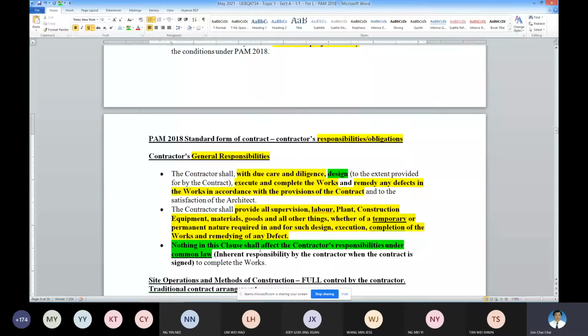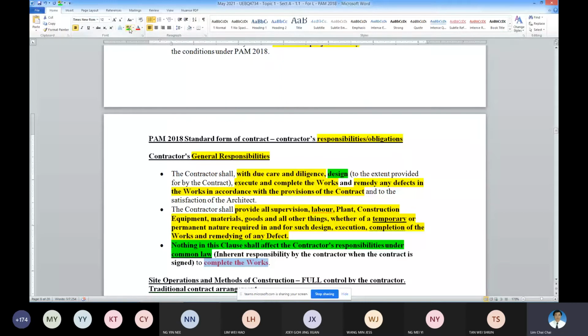So the inherent responsibility of the contractor when the contract is signed is to complete the work. That's what they try to say here. You cannot run away halfway. You're in trouble. So these are the responsibilities.